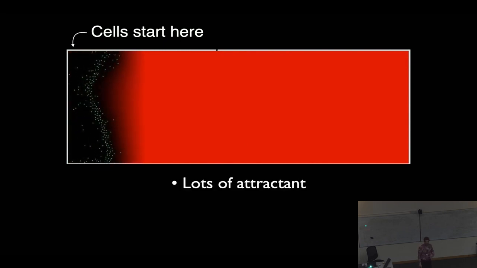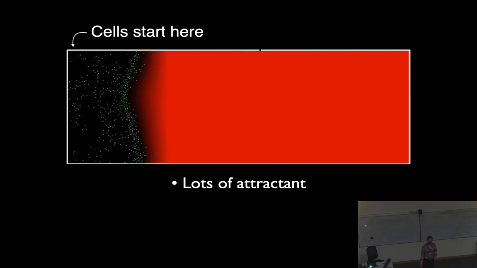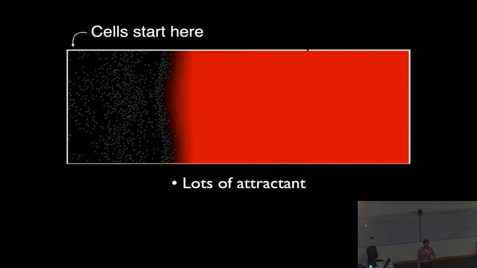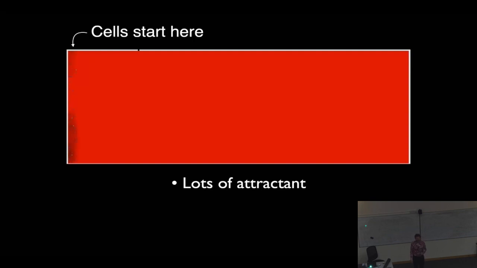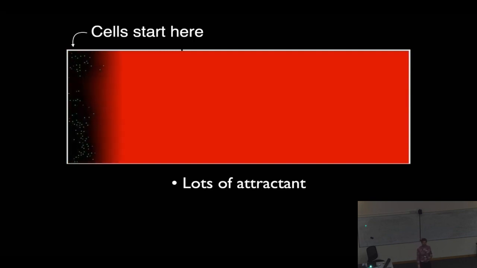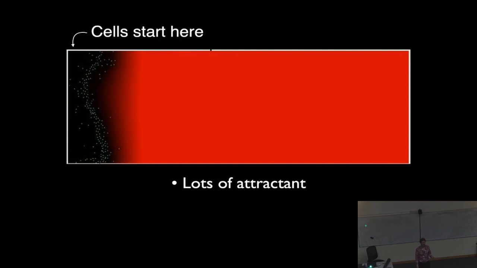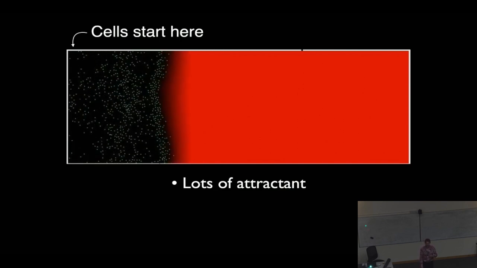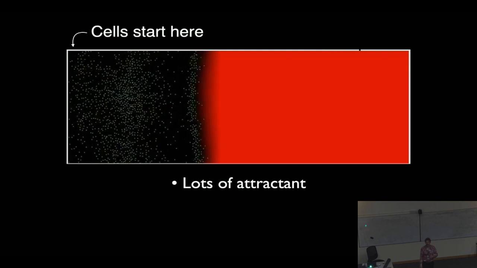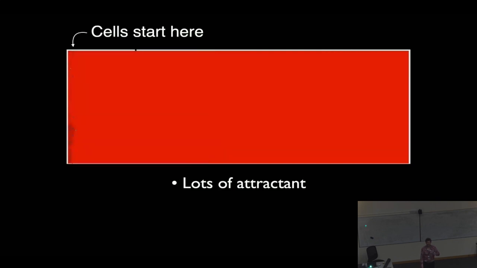So this system has lots of attractant in it, much more attractant than you would think if the cells were just responding. And it's actually very telling if you go and look through all of the literature about all the chemotaxis experiments that people do. They nearly always add much too much chemoattractant for the experiment they think they're doing, which is giving the cells a gradient. What they actually do is giving the cells an attractant that the cells can break down until the cells make a gradient.